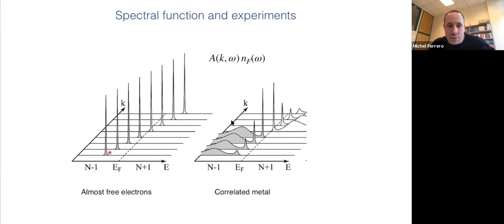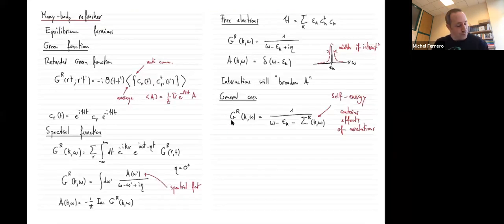You'll start to have a redistribution of the spectral weight, and those peaks will now have more structure. Something still remains at, say, the original dispersion. But because of correlations, the spectral function acquires a more sophisticated structure here, and there's a redistribution of the spectral weight. So that is a realistic spectral function for a correlated metal. And this is information which is described in the spectral function and in the self-energy. Okay, great.